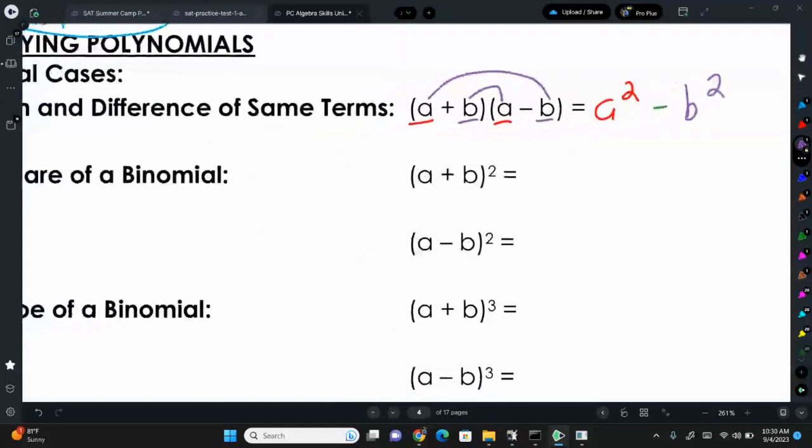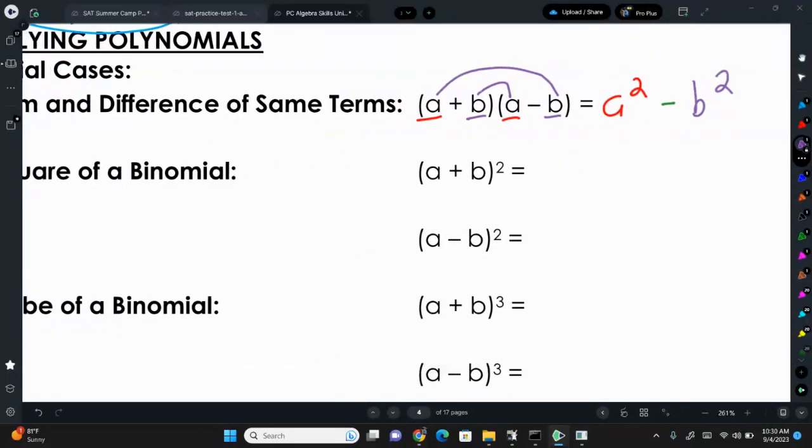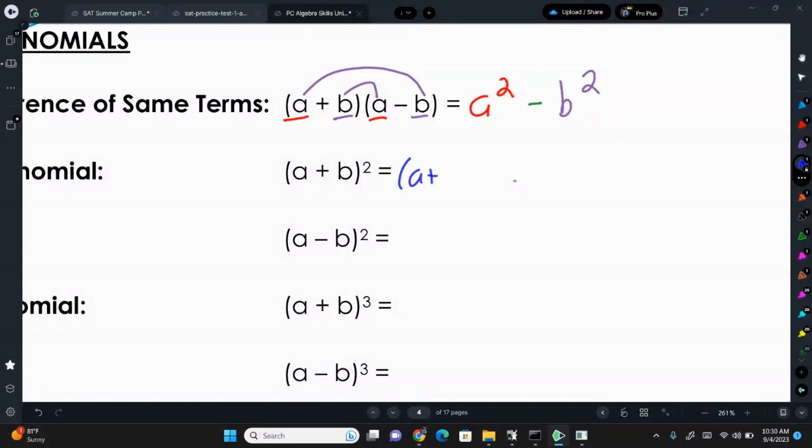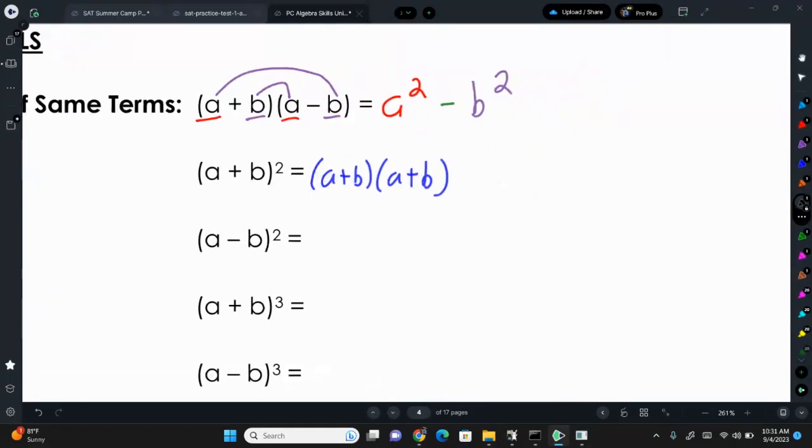Now the square of a binomial, so notice the difference, a plus b quantity squared. We could FOIL that out if we wanted to, a plus b times a plus b. Remember, you cannot just say, oh, this is going to be a squared plus b squared. No, that's not how it's going to work, because when we FOIL this out, we would get a middle term. So like I was saying, you could multiply and FOIL this out every time, but a shortcut would be a squared plus 2 times a times b plus b squared.